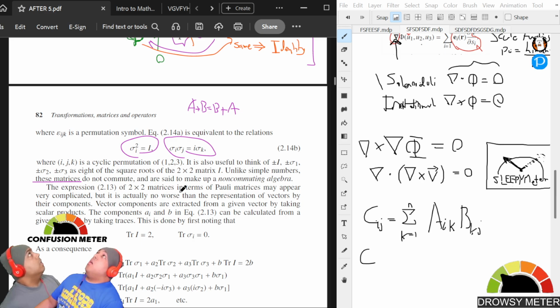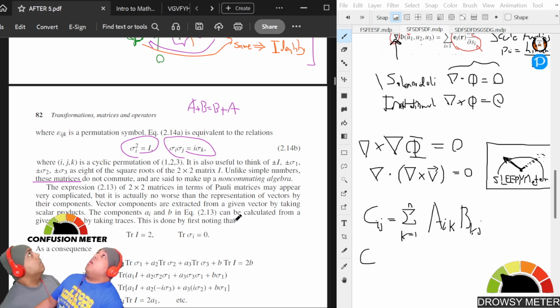of 2 by 2 matrices in terms of Pauli matrices may appear very complicated, but is actually no worse than the representation of vectors by their components. Vector components are extracted from a given vector by taking scalar products. Scalar products. The components A I and B in the equation can be calculated from a given matrix A by taking traces.